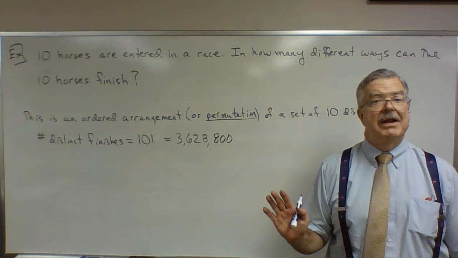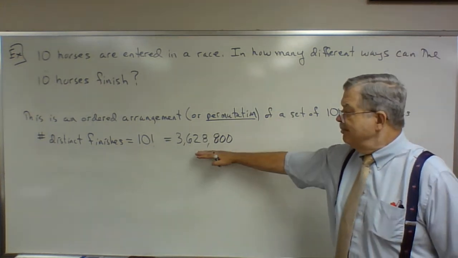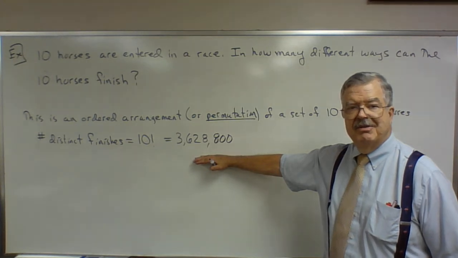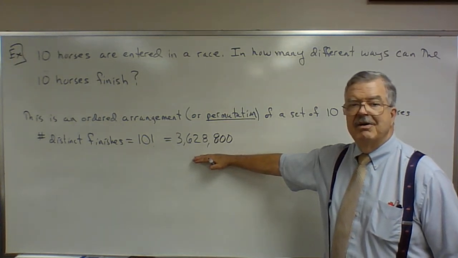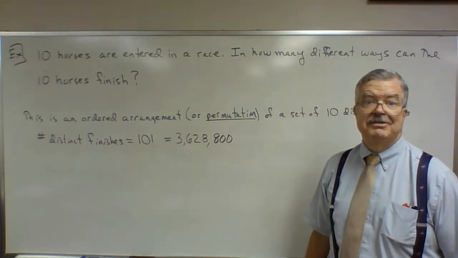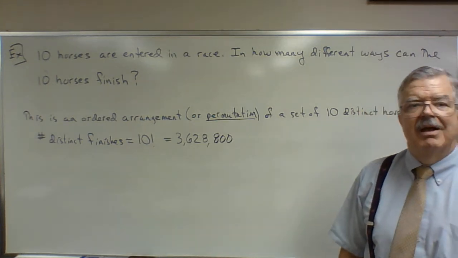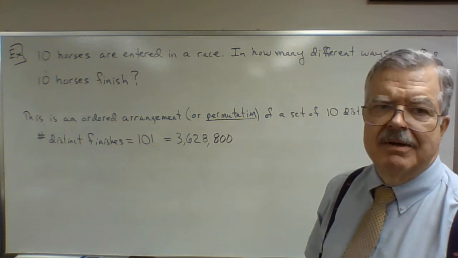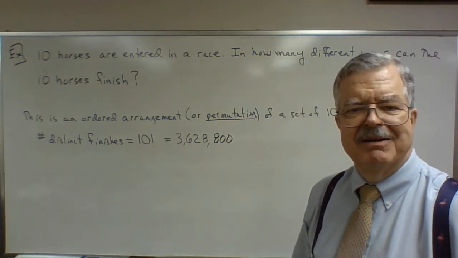There are only 10 horses, but these are the number of distinct finishes that can occur with just 10 horses. Yikes. I'm glad I don't have to write out every single possible outcome. Can you imagine that?